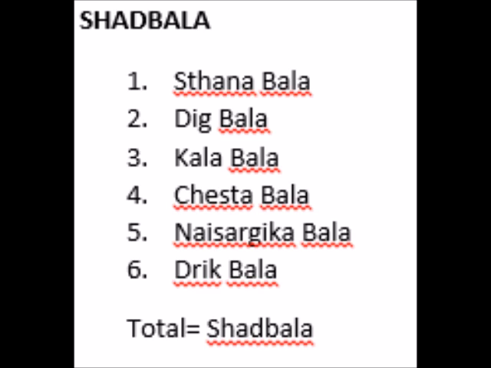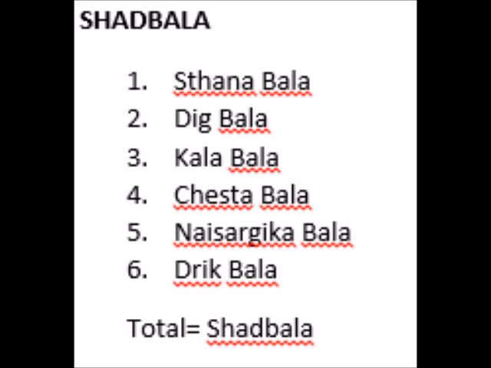And then there are other components of the Kalabala, which are Masabala, Varabala, Horabala, Ayanabala, Yuddhabala. But in a nutshell, just remember that Kalabala, which is a component of the Shadbala, is determining the strength of the planet based on the particular time.